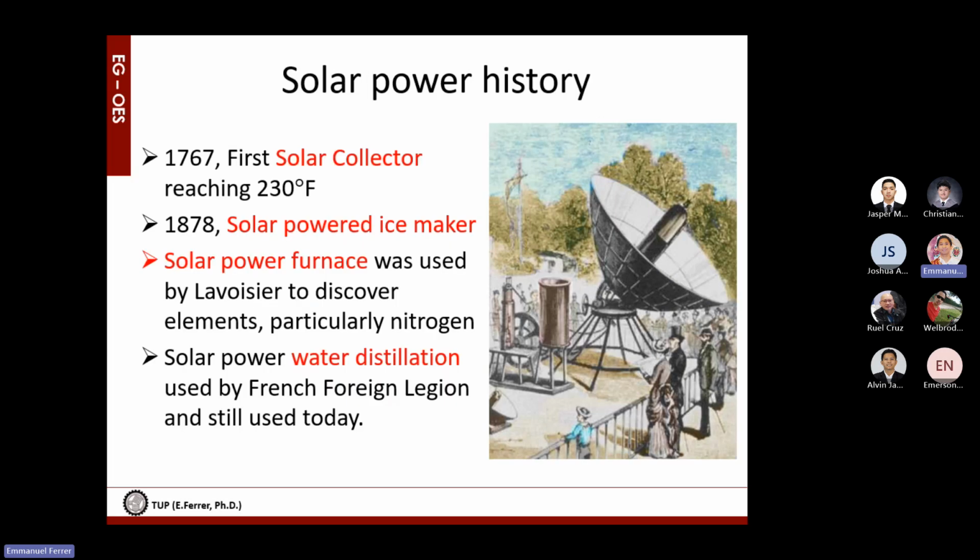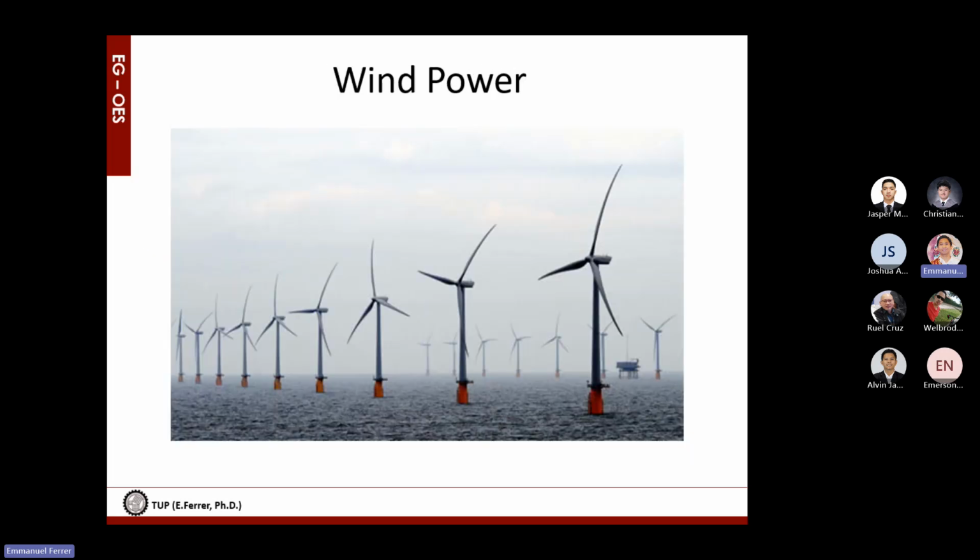Ayan. So, again, this is overview. 'Pag tumungo na tayo doon sa mismong per topic, I will be discussing more examples, more technologies under solar power, and of course, itong mga succeeding topics.